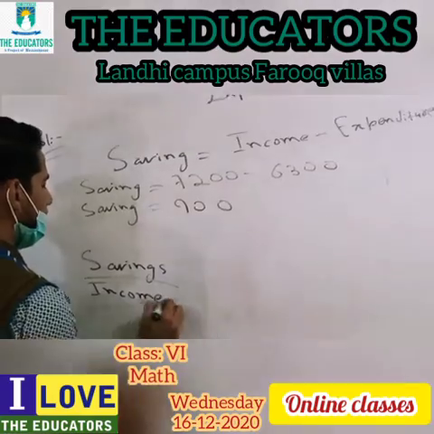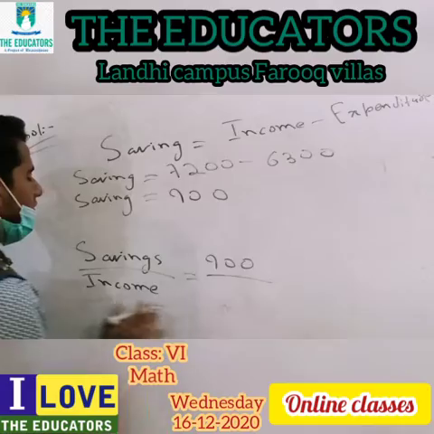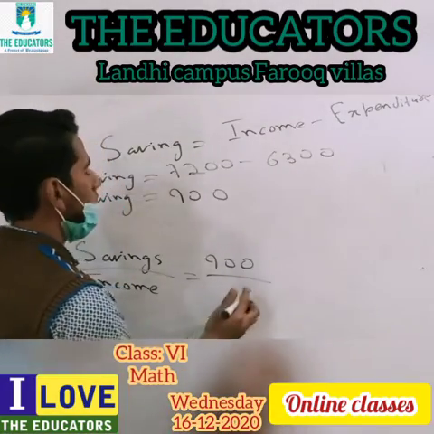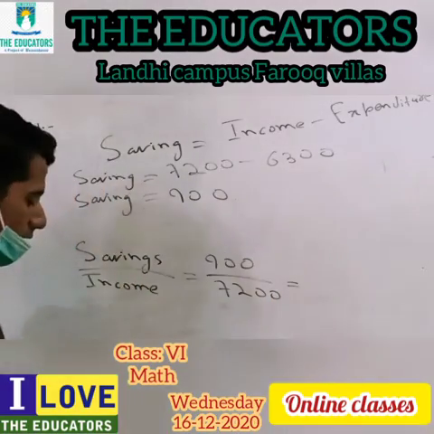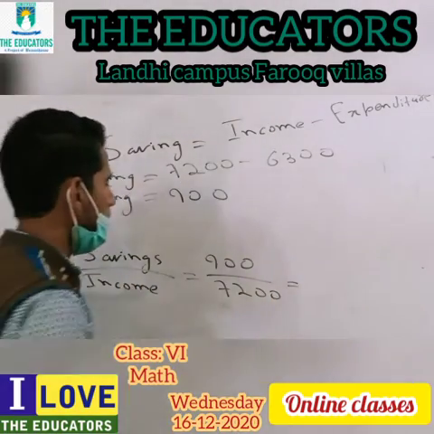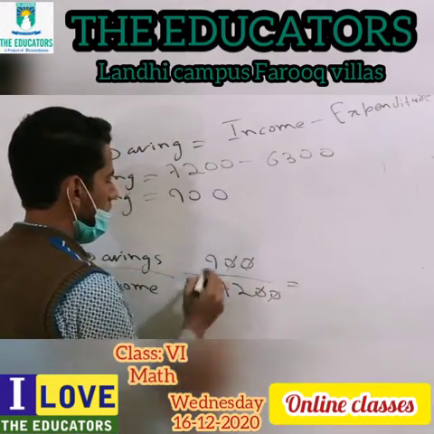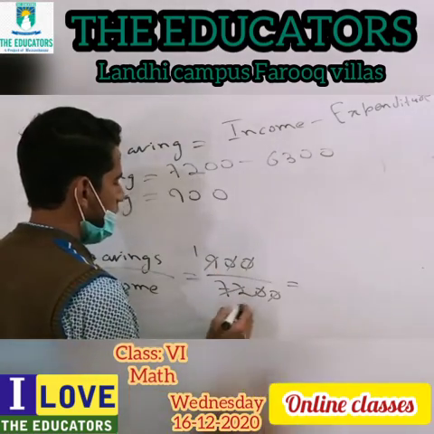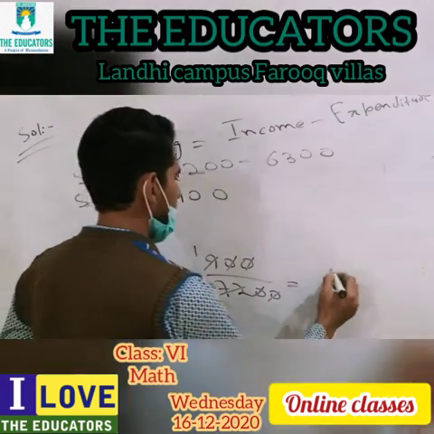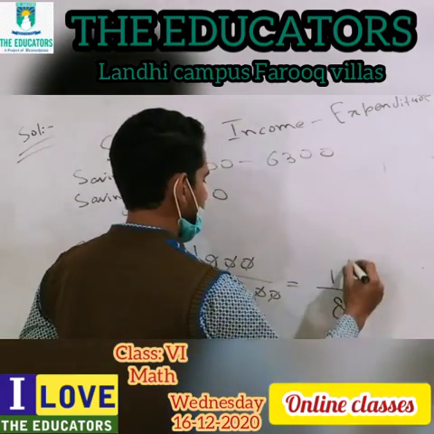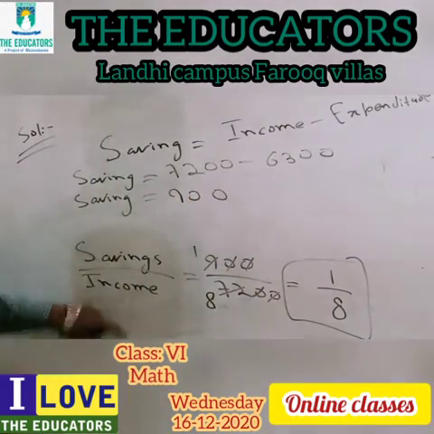Here I will write saving in the numerator, and there I will write income in the denominator. What's income? 7,200. Okay. So now let's divide it. Okay. 9 0 zeros gets cancelled. 9 into 1 9, and 9 into 8 72. Okay, so that will be 1:8. So that is your answer for ratio of savings to income.